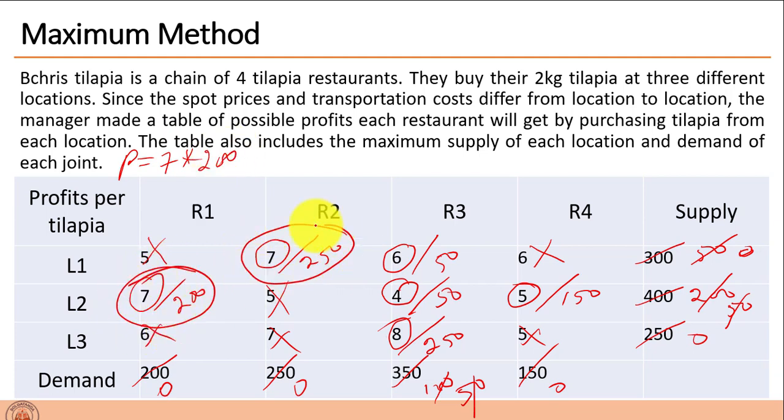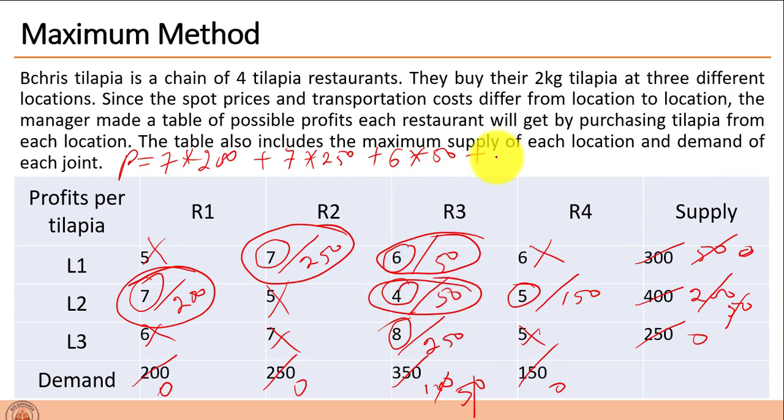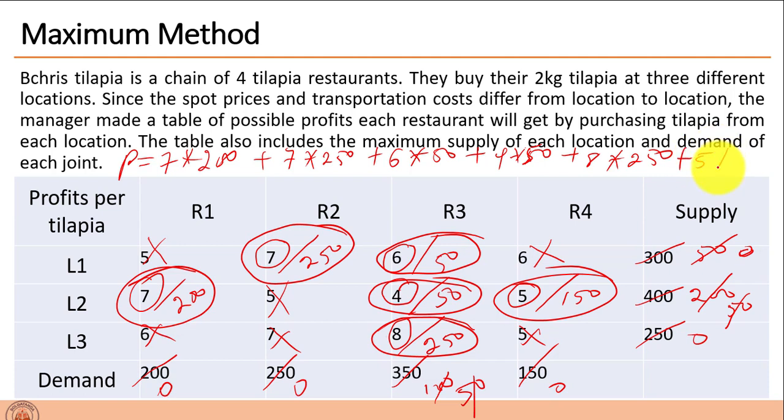Then the second location here we have plus 7 multiplied by 250, plus the next one here 6 multiplied by 50, plus the next one here 4 multiplied by 50, plus this one here 8 multiplied by 250, plus, last but not the least, 5 multiplied by 150.